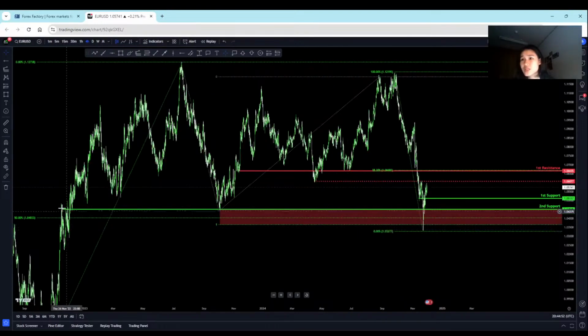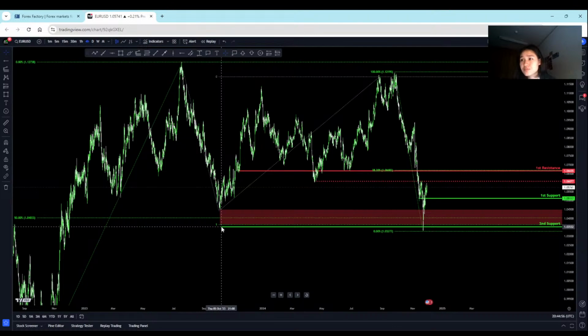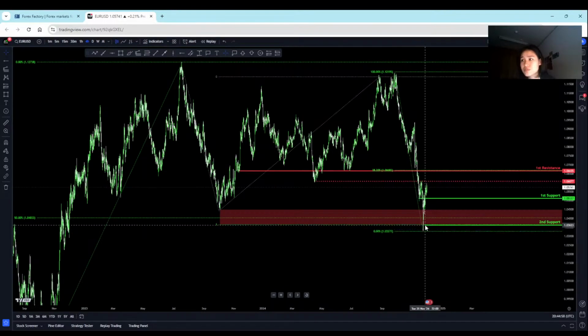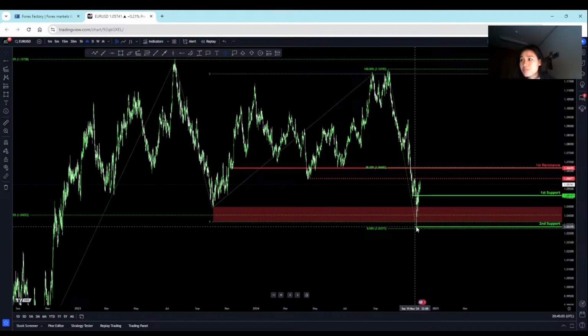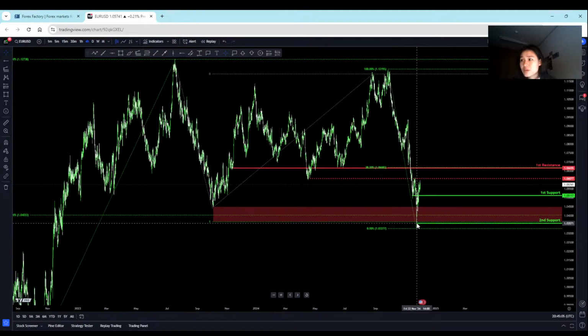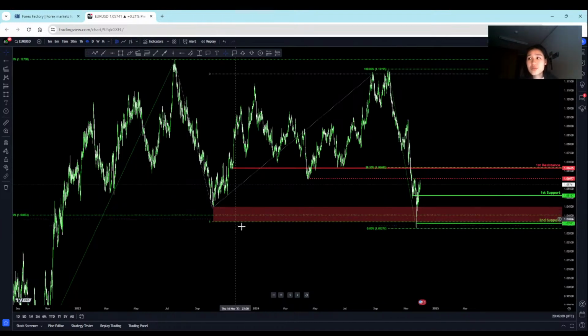So for my second support, I place it below here instead. I'll show you why later, but generally you should place your stop loss beyond any confluence area, so that if there's any price reversal, we won't get stopped out before price reverses.